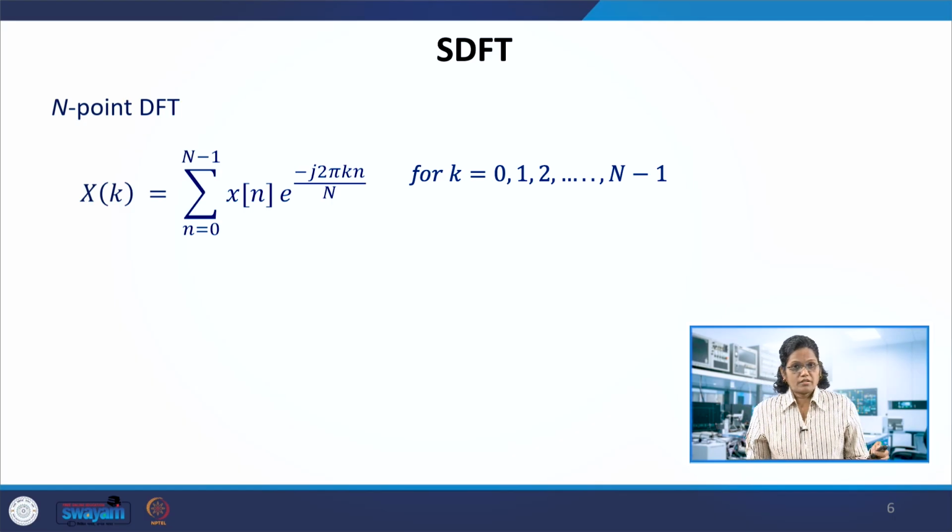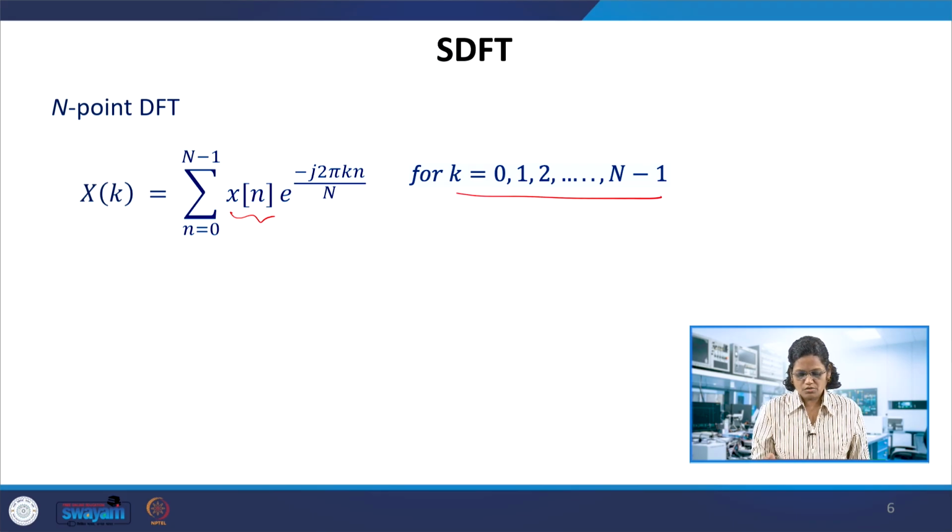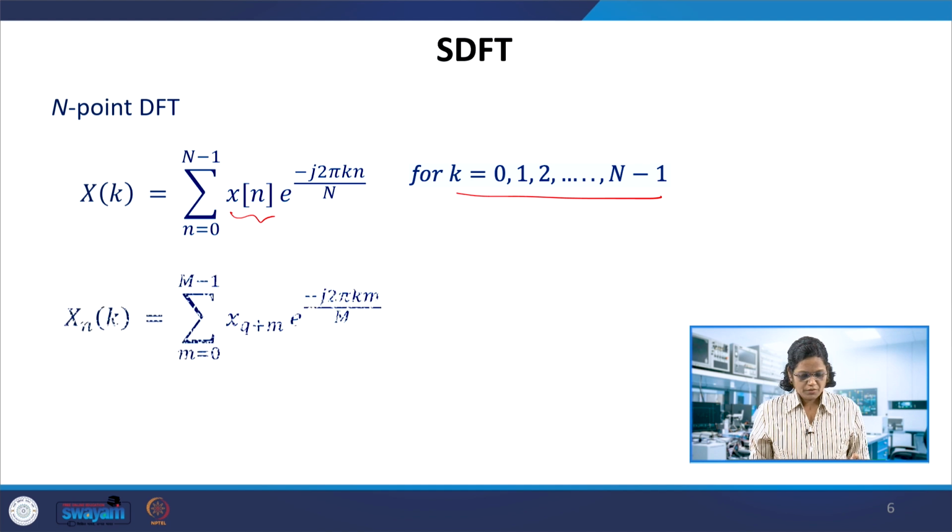So how do we get this recursive equation? Taking the N-point DFT equation, n varies from 0 to N minus 1, summation of x of n, the sample we are considering, that is 0 to 15, e power minus j 2 pi k n by N, where k varies from 0 to N minus 1. Here we are not going to vary k from 0 to N minus 1 in our SDFT.